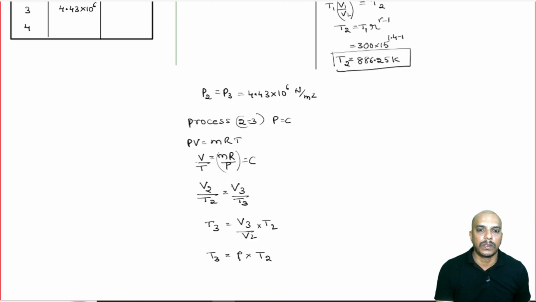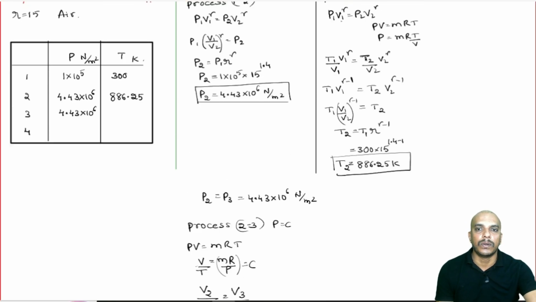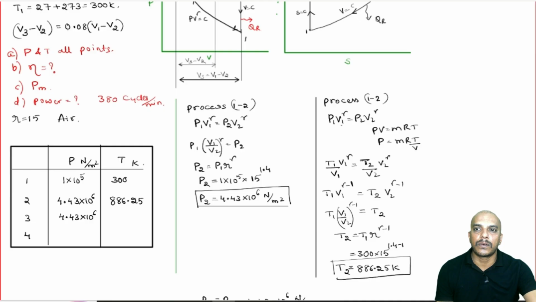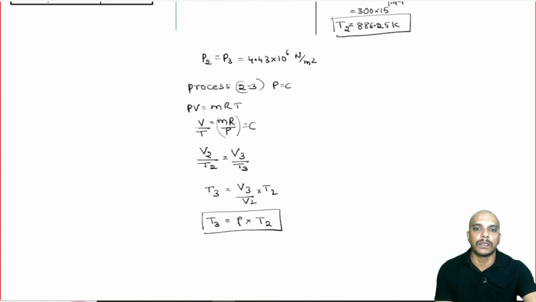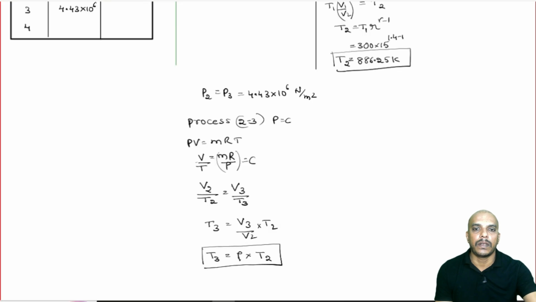This can be solved only when we know the value of rho. Can we find the value of rho from here? I think yes, because we have been given an equation that is known to us. So let us use this equation to find the value of rho.